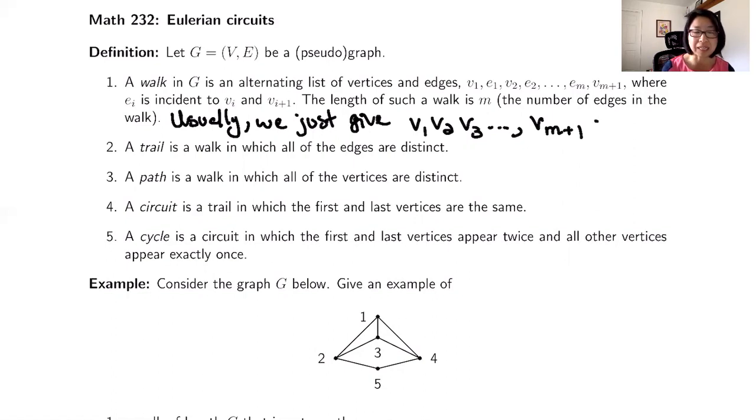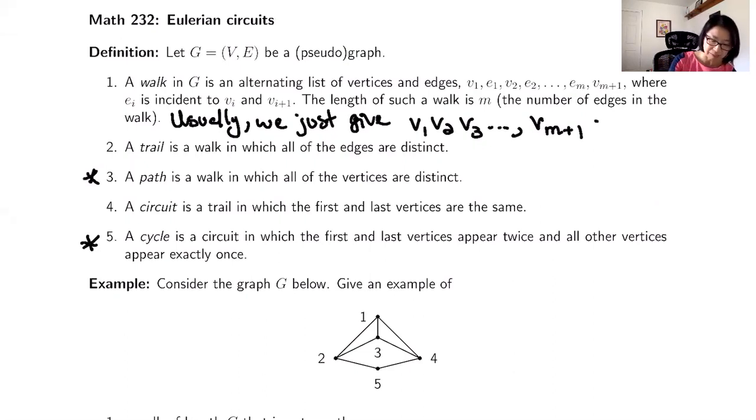A circuit is a trail in which the first and last vertices are the same. So it's a trail, all of the edges are distinct, and you end up where you started. And a cycle is a circuit in which the first and last vertices appear twice and all other vertices appear exactly once. That's a lot of different definitions. The ones that we'll use the most in class are paths and cycles, especially.